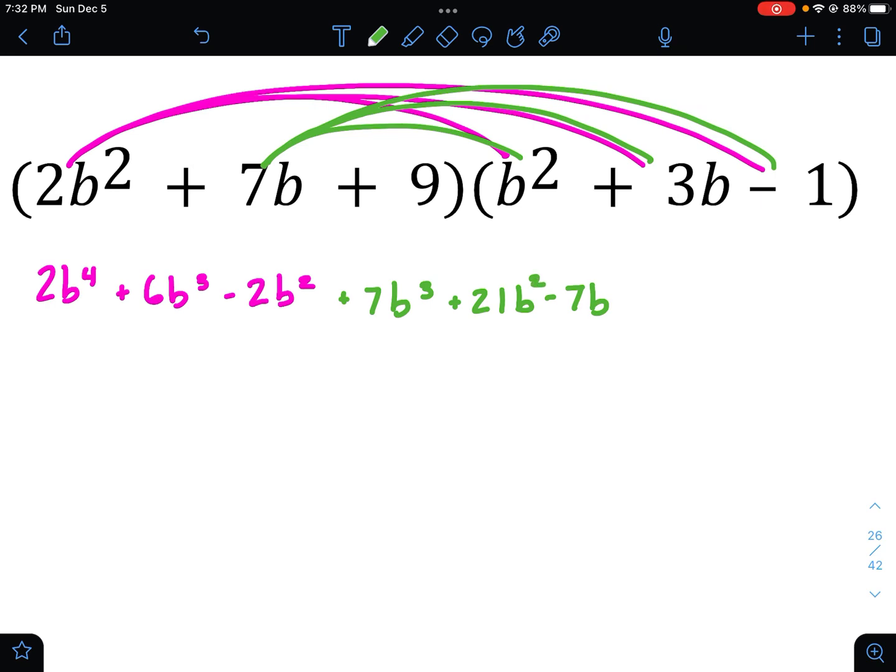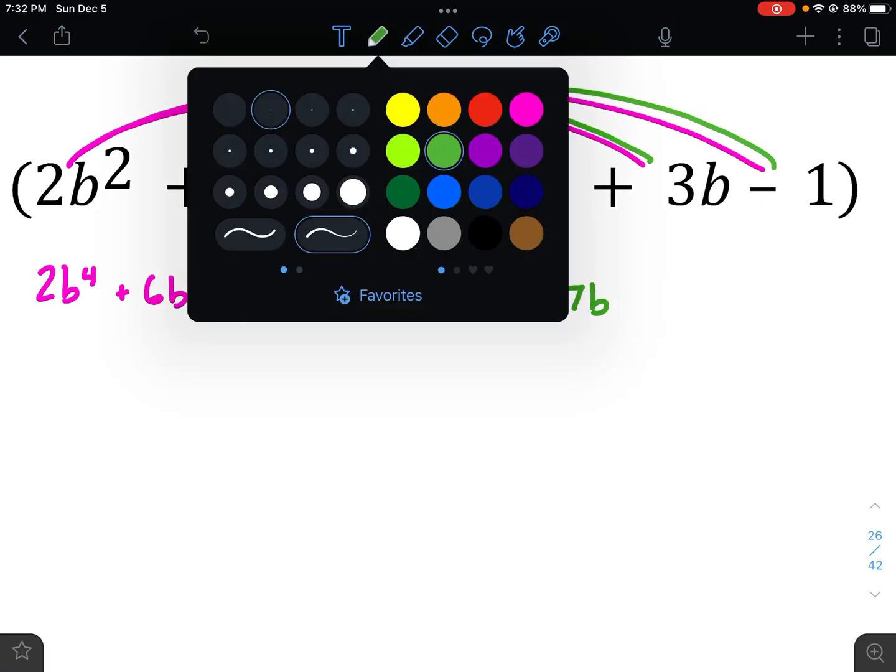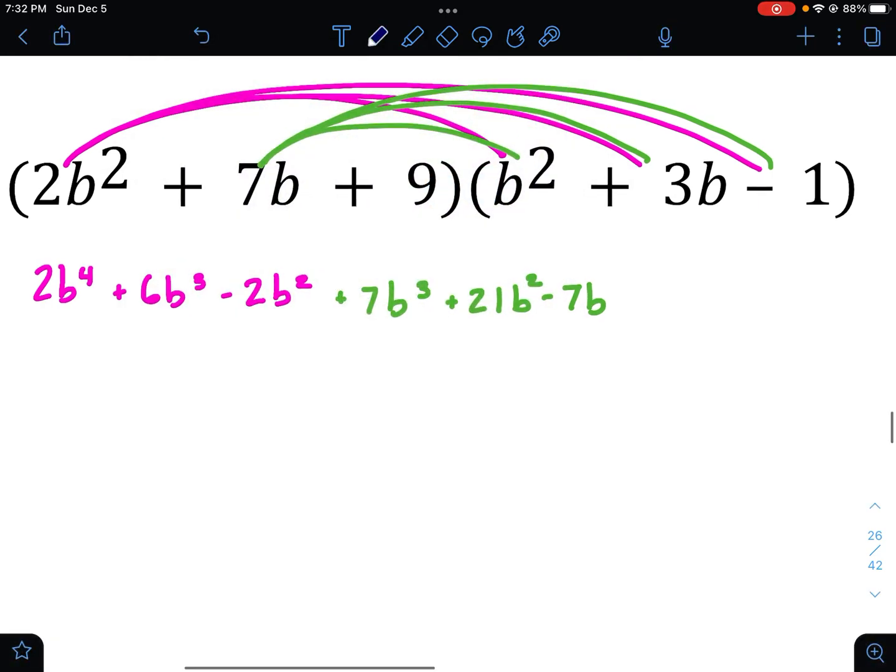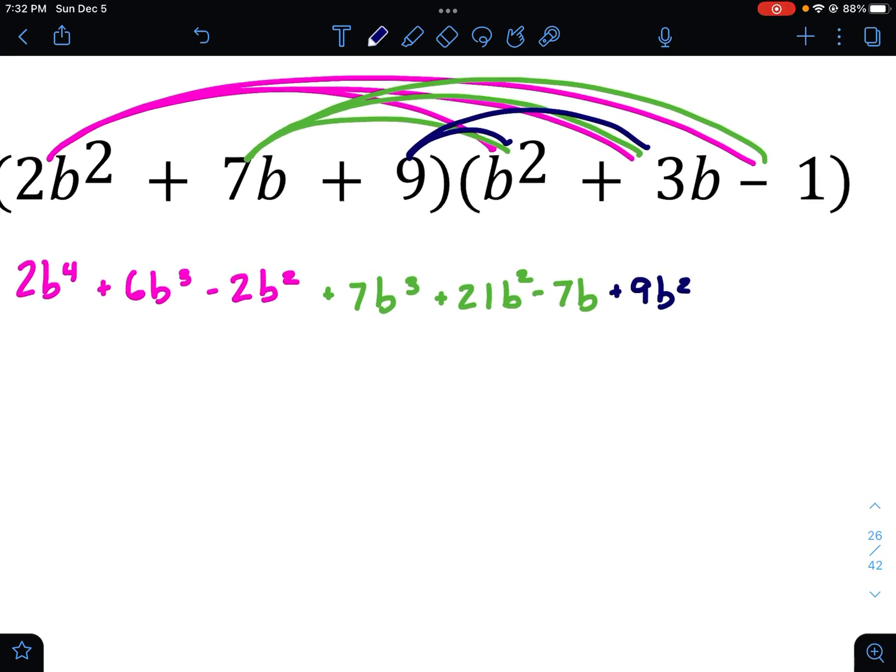Oh, my 21b should be squared, see? So easy to make little mistakes. All right, so plus 9b squared plus 27b minus 9.